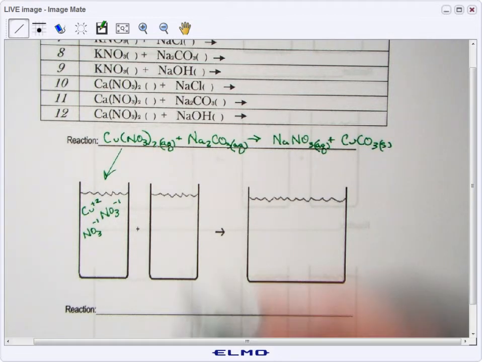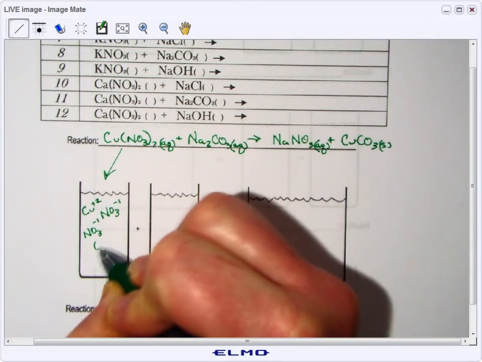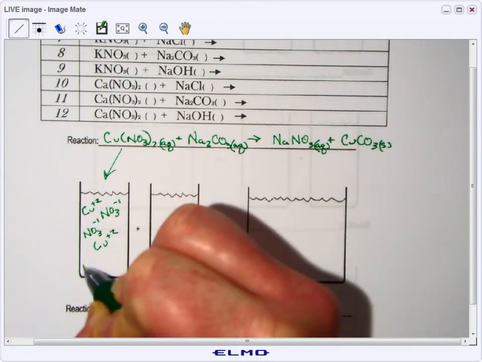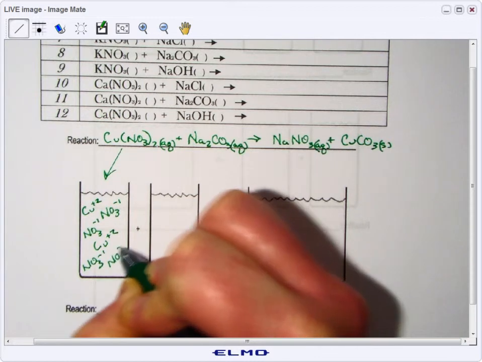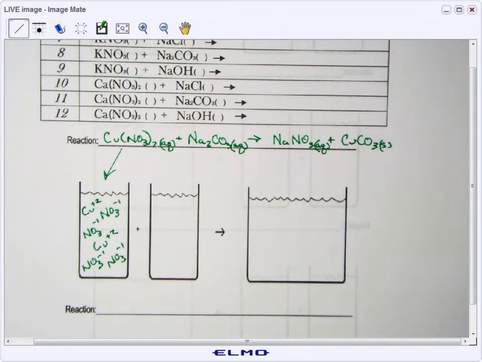They're just floating in the water separately. So we'll just put a couple of these different ones in here. It doesn't matter how many I have right now. I'm just kind of showing them spread out. Questions about that? If they dissolve, they dissociate, which means they split apart from each other. They're floating around in the water separate from each other. That's why you can't see anything.